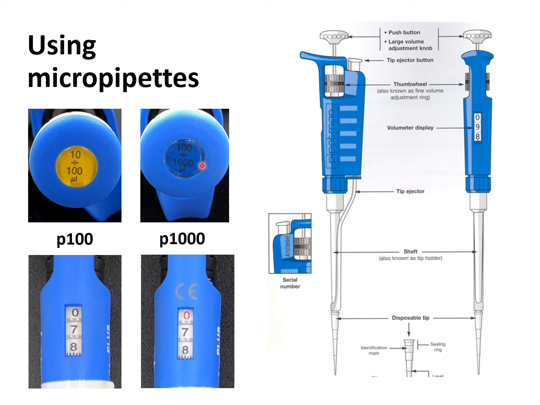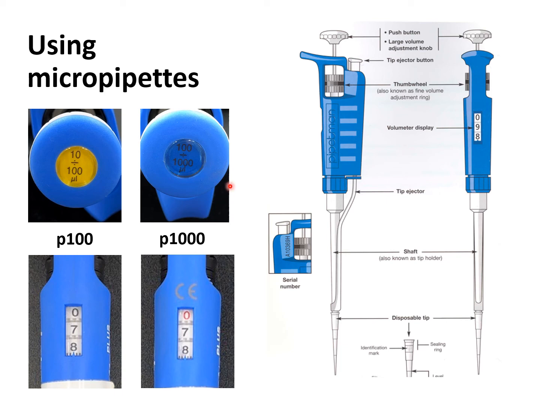Again, never set your micropipette to something lower than 100 if you're using the P1000, okay? And don't set it to anything above 1000, otherwise you're going to damage your micropipette and it's not going to be accurate.